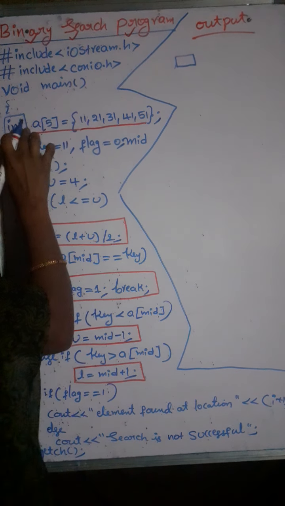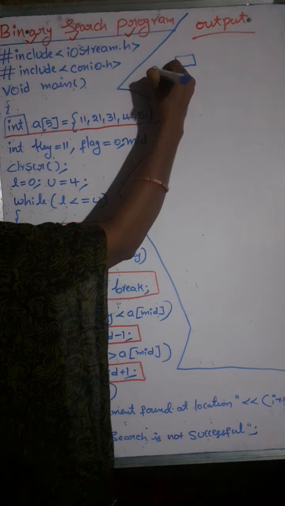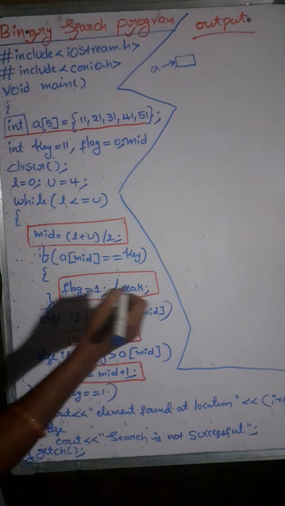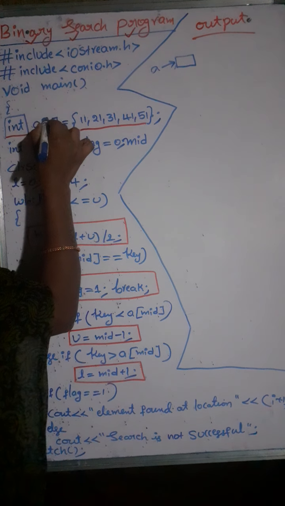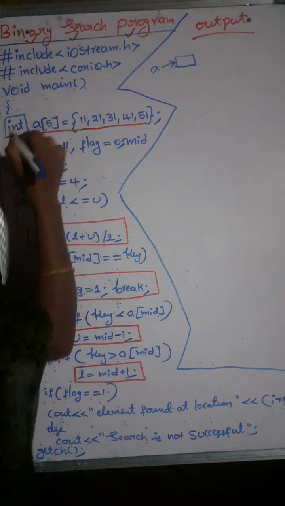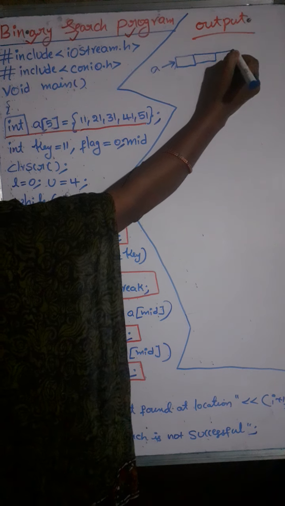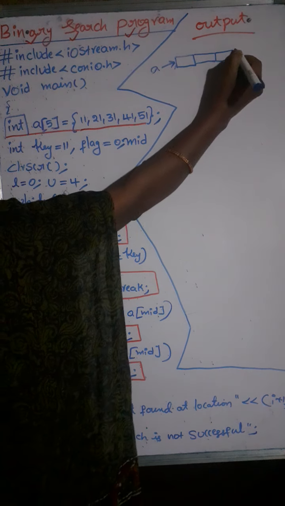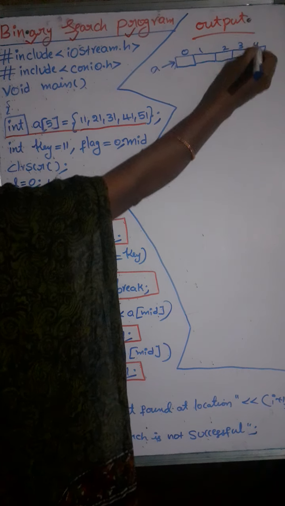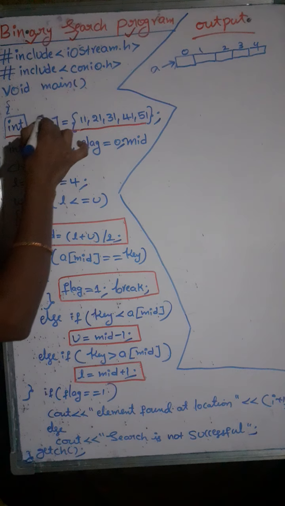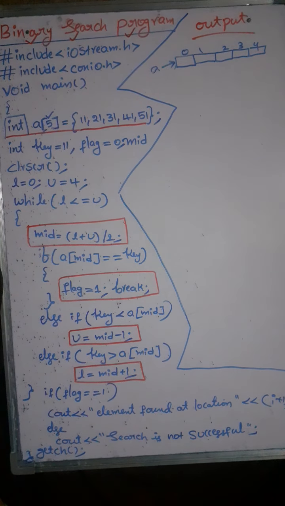Here a is the name given to this memory location. Within the square brackets I have written 5, which means I should have 5 memory locations: 1, 2, 3, 4 and 5. The index numbers are 0, 1, 2, 3, 4. So the array size is 5 and index numbers are from 0 to 4.